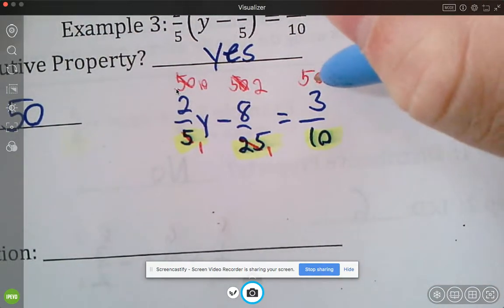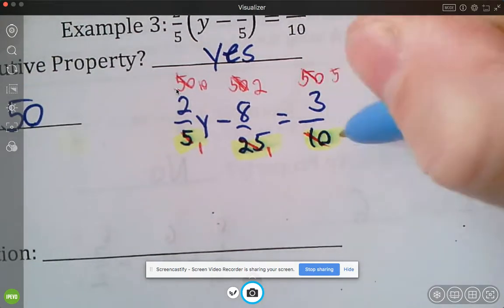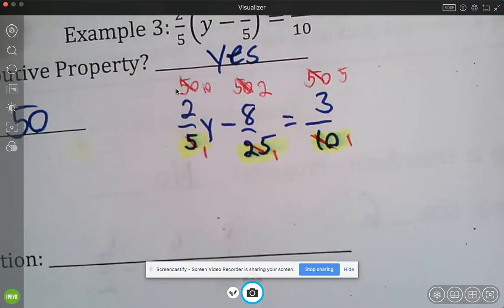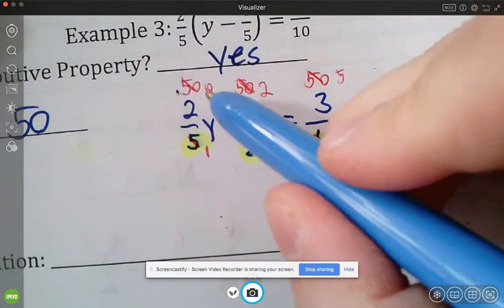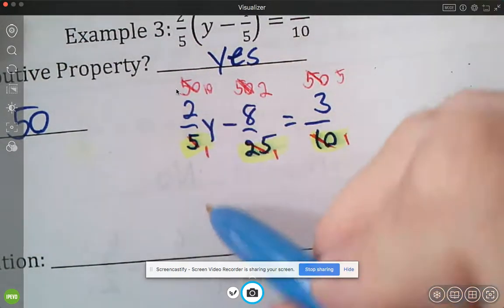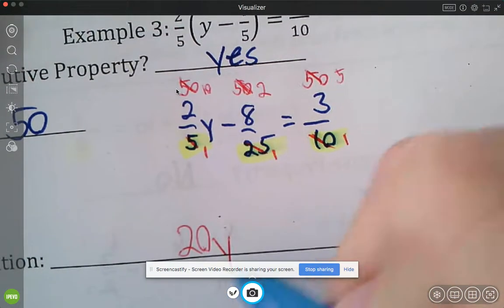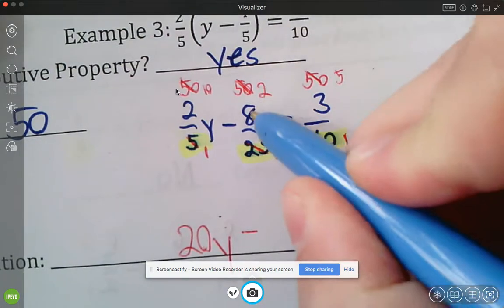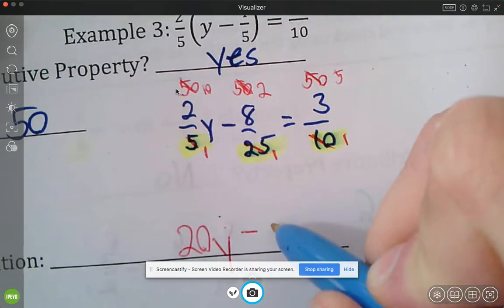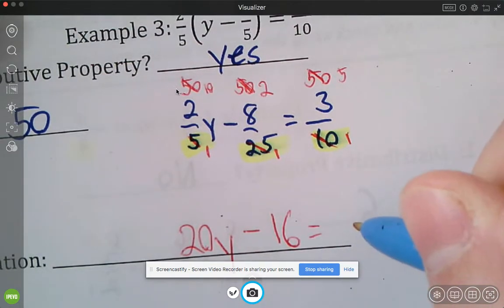And then last but not least, this becomes a 5, and this becomes 1. So now when I multiply 10 times 2, anybody want to clear this term for me? It's 20y minus 2 times 8, 16 here. And the last one would be just plain old 50.